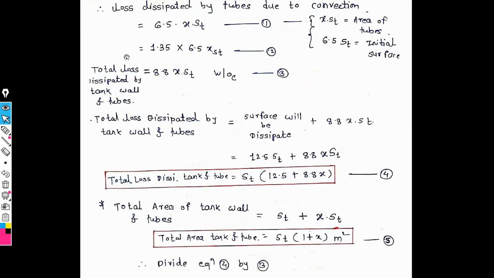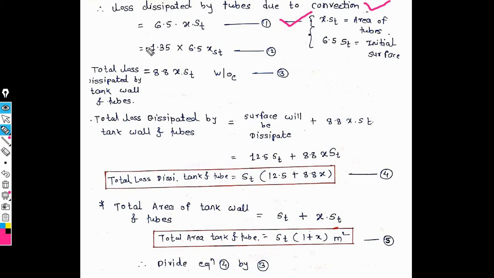The next condition is the loss dissipated by tubes due to convection. This is very important. This is the initial surface to dissipate, it is 6.5 into x into ST. This is the area of surface.